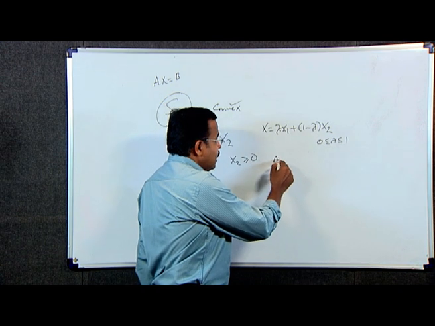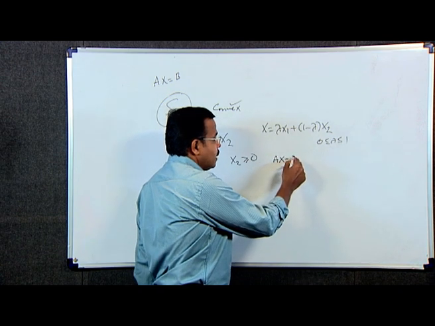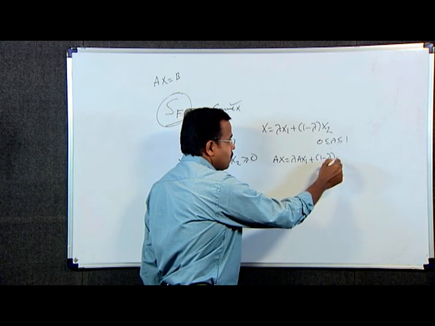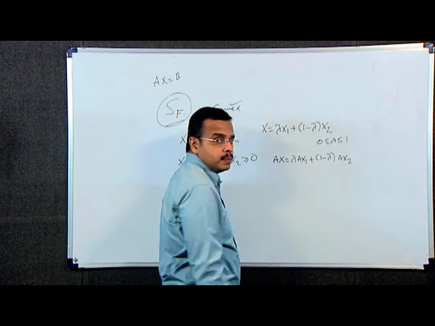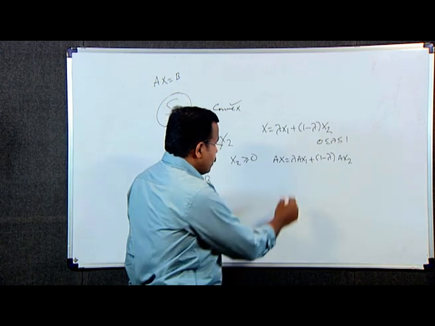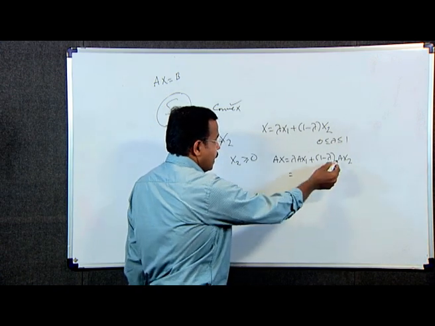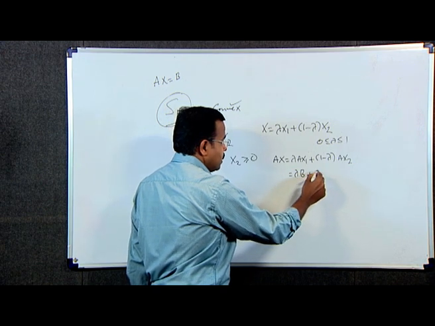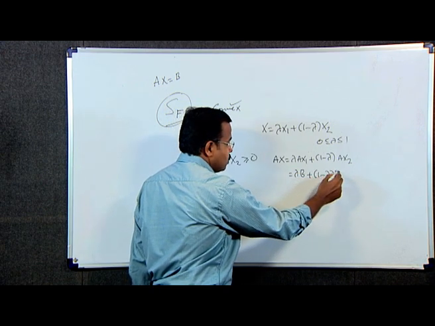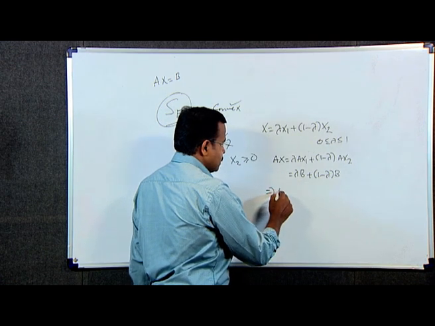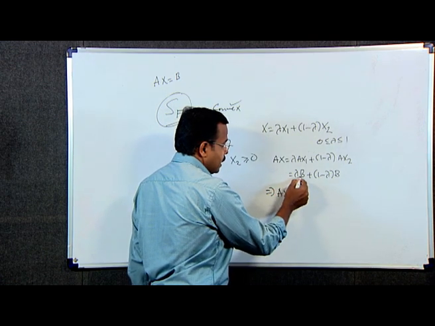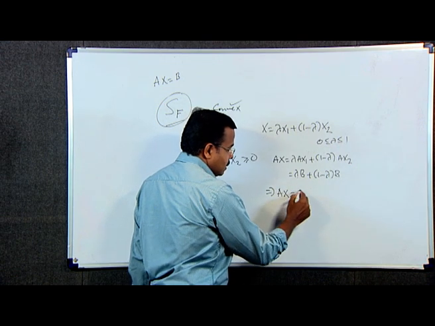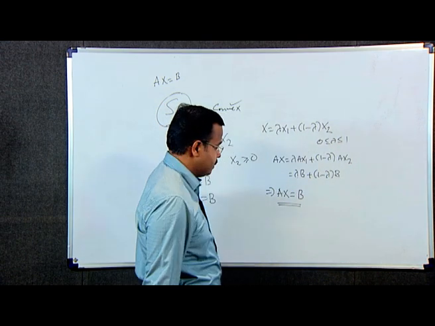Then Ax is equal to lambda Ax1 plus 1 minus lambda Ax2. We know Ax1 is equal to b and Ax2 also equals b. So here we get lambda b plus 1 minus lambda b. This implies Ax equals lambda b minus lambda b getting cancelled, so 1 times b remains, and we get Ax equal to b.